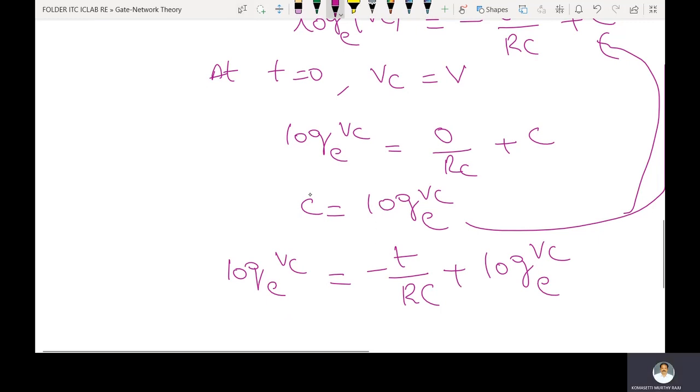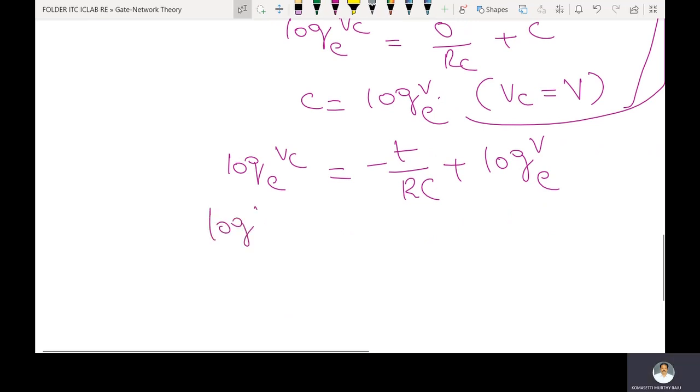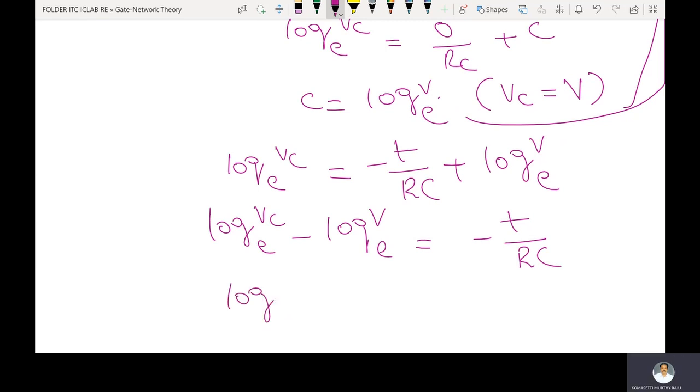At t is equal to 0, Vc is equal to V, so Vc at 0 is replaced with V. Here, log Vc minus log V is equal to minus t by RC, using log m by n, and that means log of Vc by V is equal to minus t by RC.